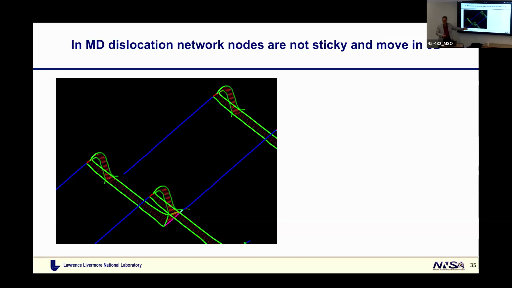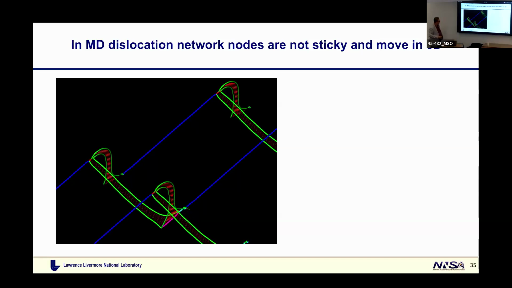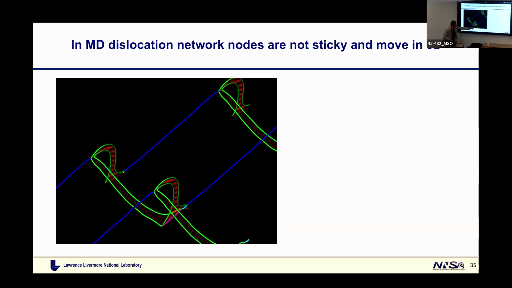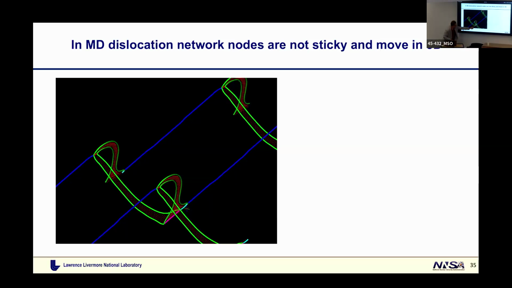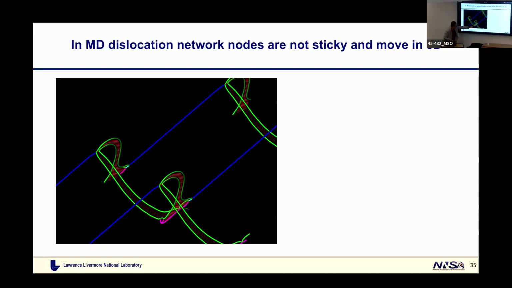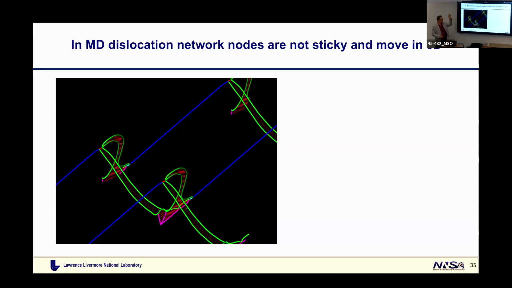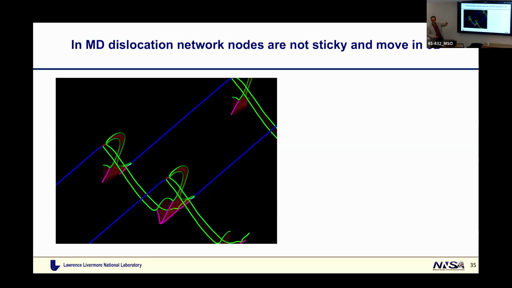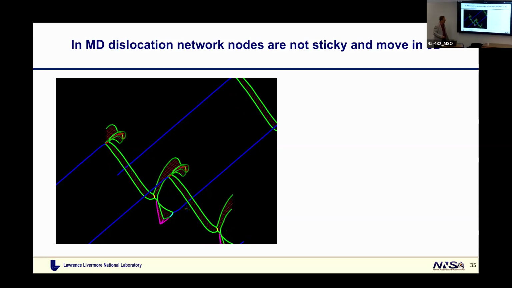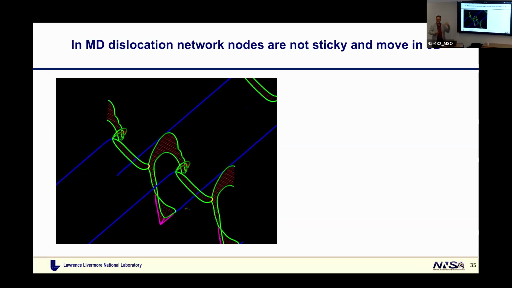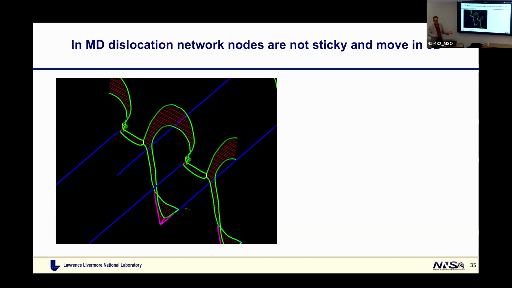They did this in MD and never did it in DD. So this is the movie. If you watch this corner, this is where the reaction will take place, I think, unless I'm forgetting. Yeah, it is. And then it will just find a way to move dislocations out of this lock somehow and resolve the whole configuration in MD. That's what it does. In DD, it never did.